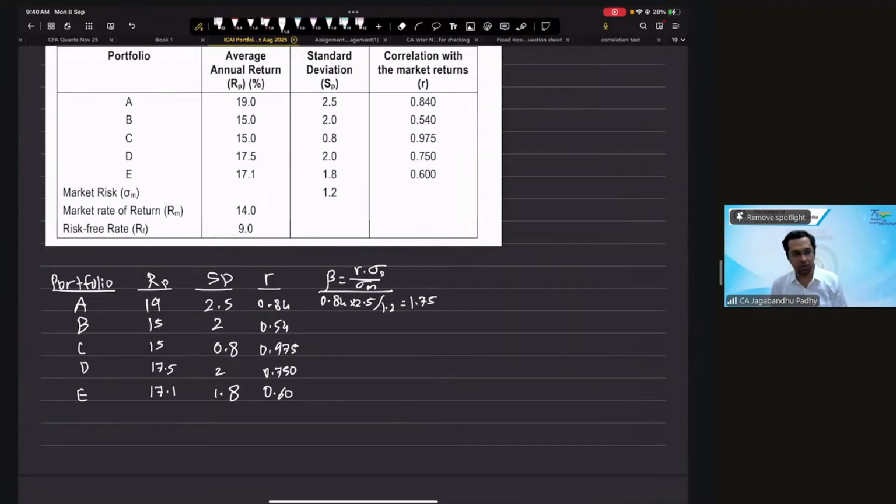Okay. Then what about the second one? 0.9. Then 0.65.